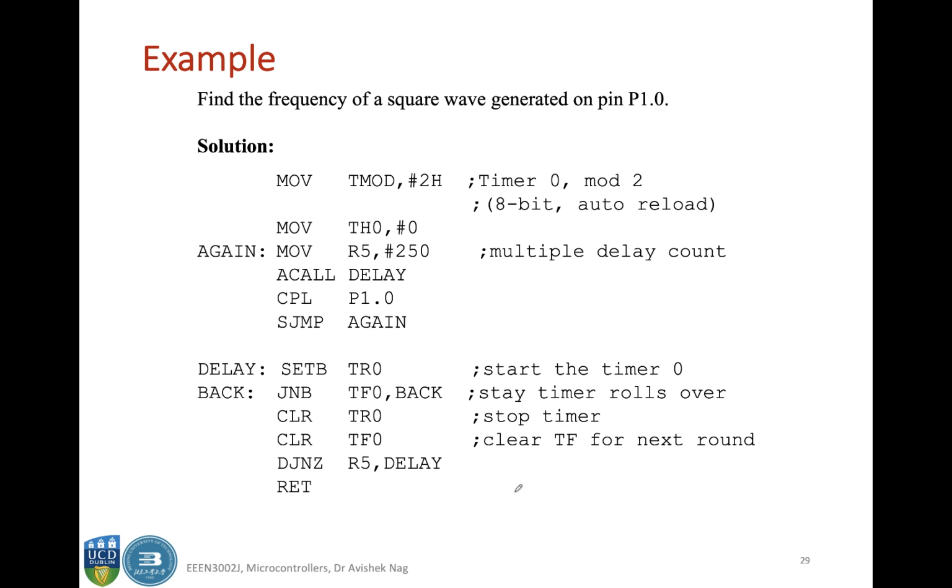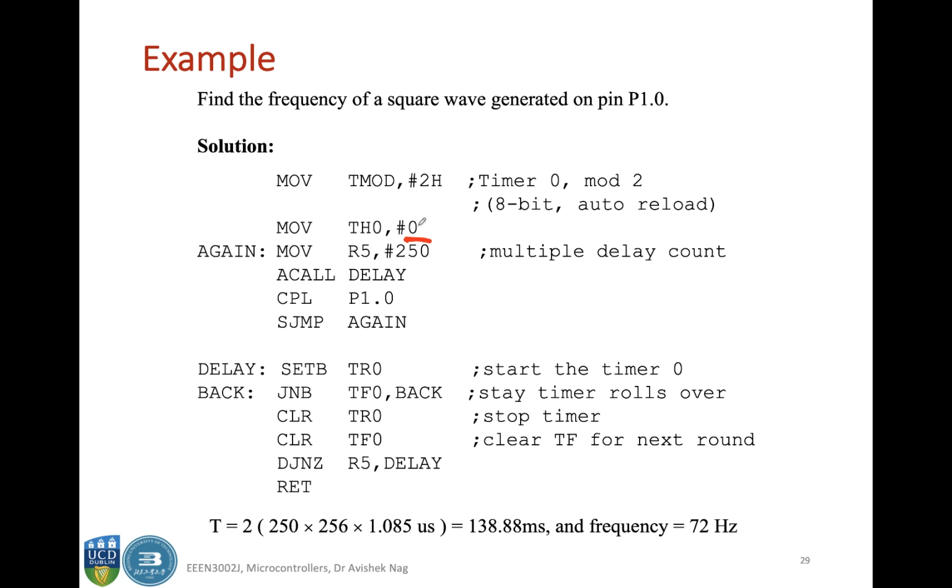You can apply the same concepts and find the frequency of a square wave generated on pin 1.0 for this code. It starts from 0. TH0 is loaded with 0 and it's in mode 2, so timer 0 is in mode 2, an 8-bit auto reload mode.